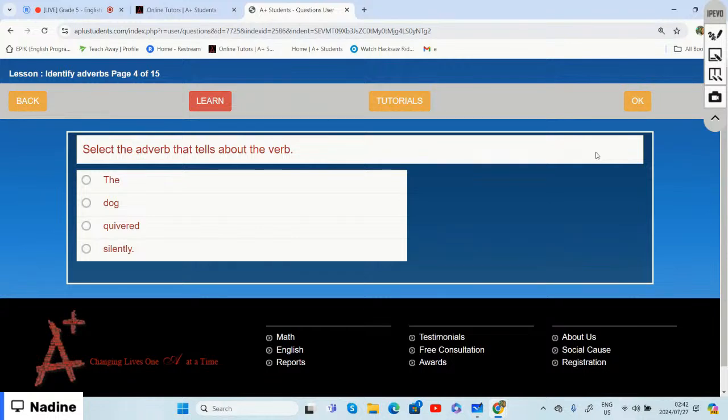We need to select the adverb that tells us more about the verb. The dog quivered silently.